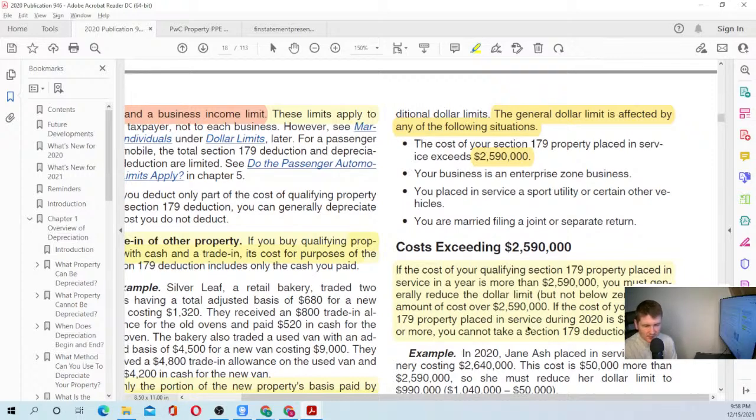If the cost of your Section 179 property placed in service during 2020 is $3.6 million or more, you cannot take a Section 179 deduction. So that is meant to give that deduction only to small businesses. So if you are acquiring less than $2.5 million of property in a year, then you can use that deduction.